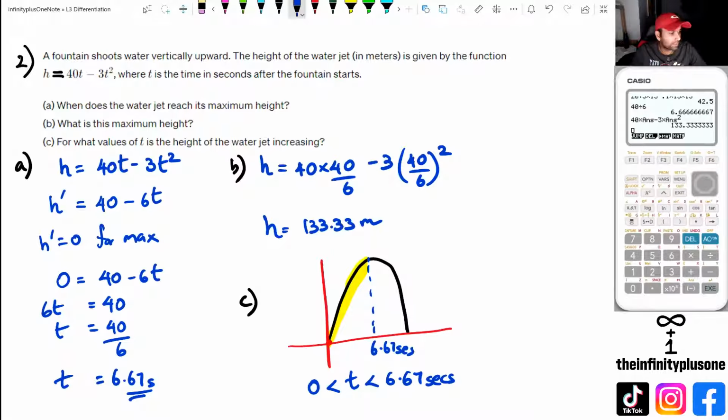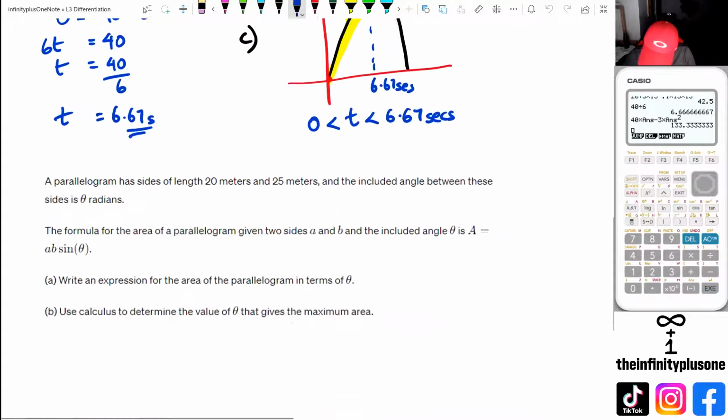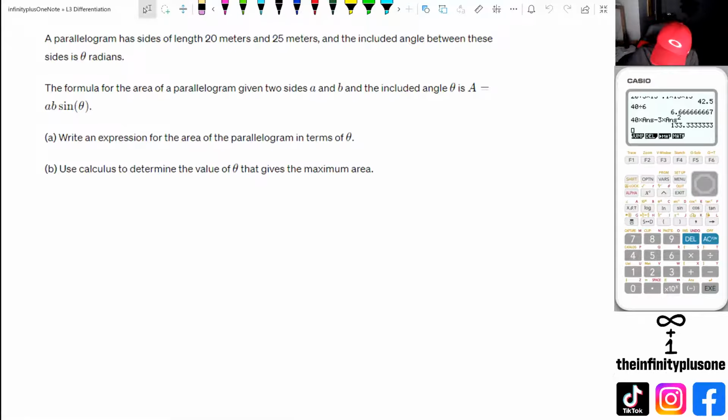Okay, let's see if I can get the next question. All right, question number 3. I will write the formula out properly for you folks.